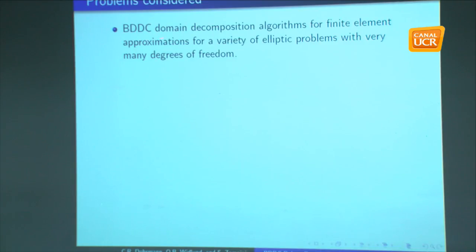BDDC is a particular family of algorithms which turn out to be very effective. There are many different domain decomposition algorithms, but this turns out to be one of the very best. We use it to solve these finite element approximation problems with very many degrees of freedom, and we are exploring different classes of elliptic problems.